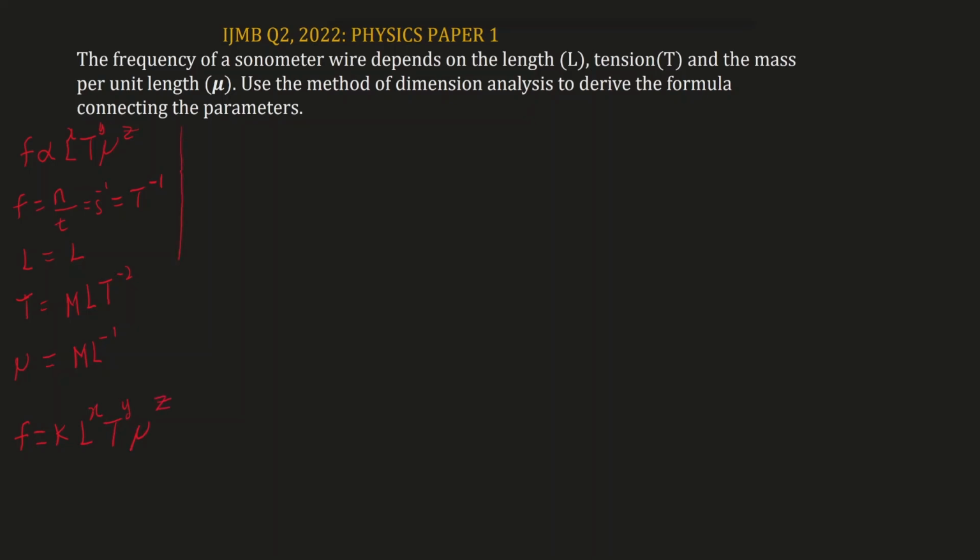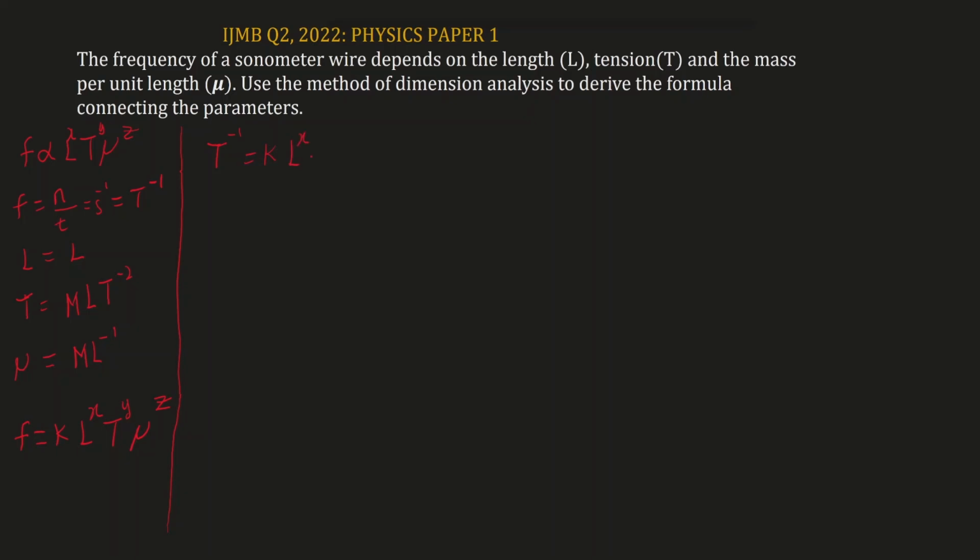Okay. Now let's put in the dimensions of each of the parameters in the equation. Dimension for frequency is T to the power of -1. So T to the power of -1 equals, the constant does not have dimension, leave it that way. Dimension for length is still L, so we have L to the power of x.